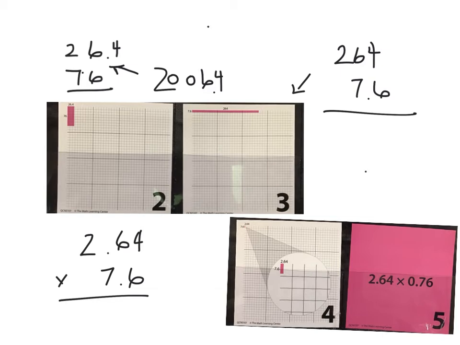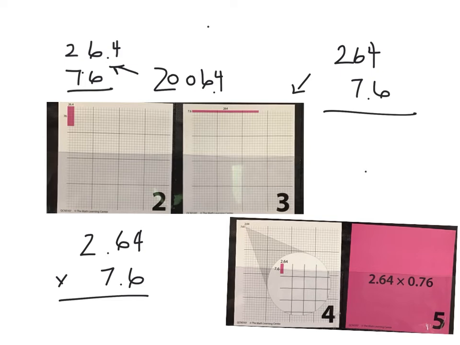To make this abundantly clear, when I'm doing my estimating, I could round that to 100 times 20, so my estimate would be 2,000. So getting that answer of 2006.4 makes total sense. And when I'm looking at the next day, day 3, I've got 264 times 7.6.